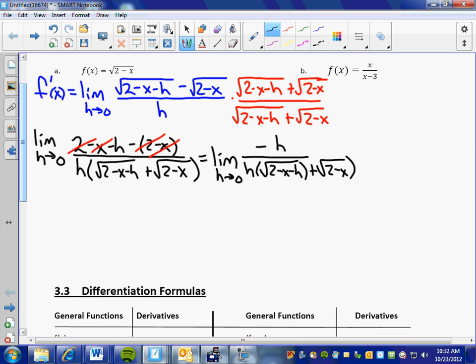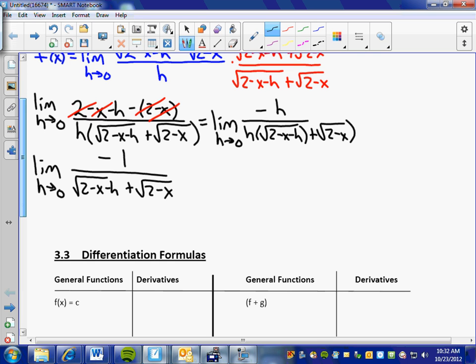Okay, what happens to the h's? I'm left with the limit as h goes to 0 of negative 1 over the square root of 2 minus x minus h plus the square root of 2 minus x.